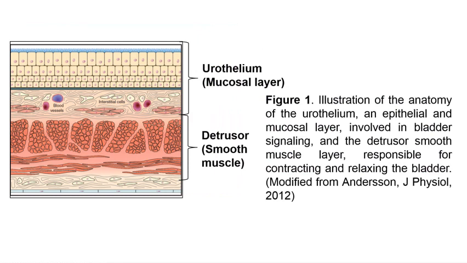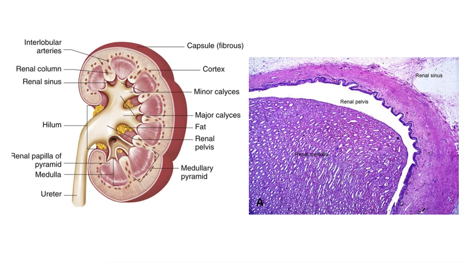So all that really changes throughout the urinary tract is the thickness of the layer underneath the urothelium. So obviously in the bladder you're going to have a very thick muscle layer which we call the detrusor, whereas in the ureter that muscle layer isn't quite as well developed, and when you're up into the renal pelvis, the muscle layer is quite thin.